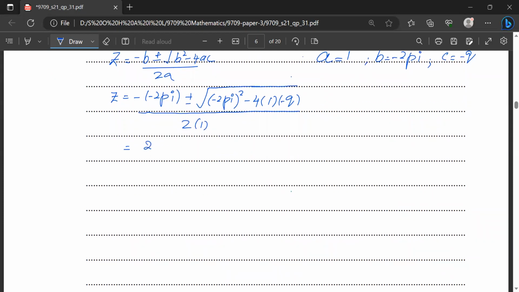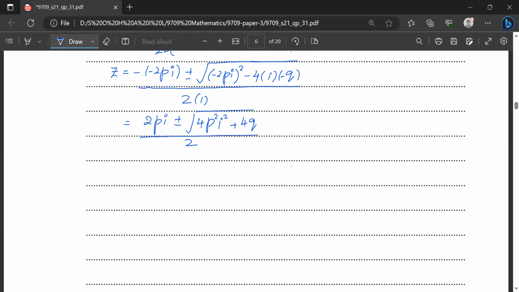Simplify further. 2p iota plus minus the square root of 4p squared iota squared plus 4q, whole divided by 2. Iota squared is minus 1.